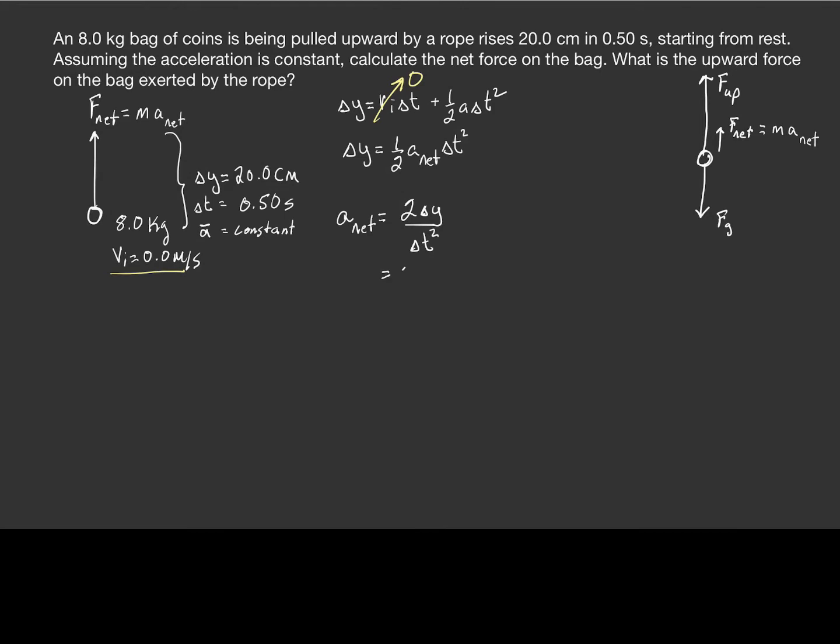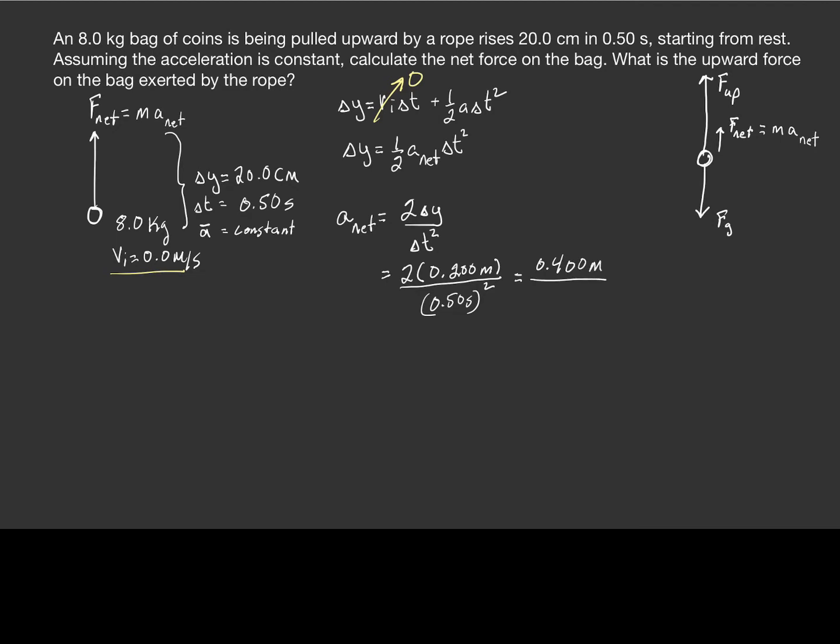We've got 2 times delta y, 20 centimeters. We know we need to be in meters, so that's 0.200 meters. Our time is 0.5 seconds. We have to square that. So 2 times 0.2, that would be 0.4 meters.